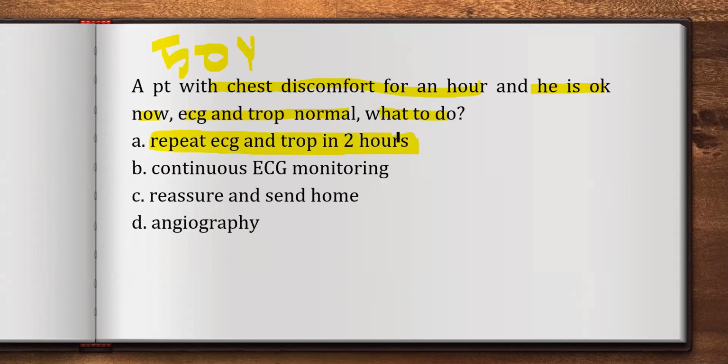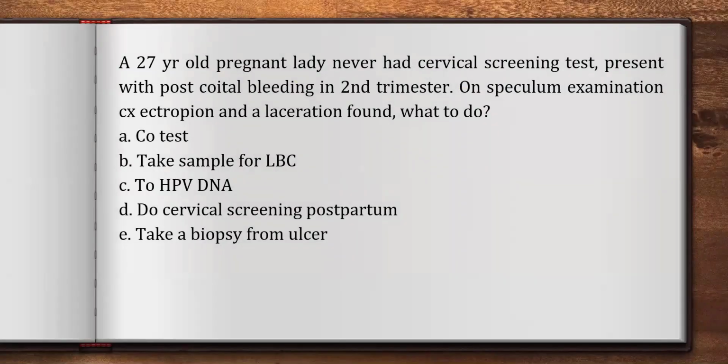Every patient, especially if it sounds like cardiac chest pain, and if the age is 50 years, 60 years, even 40 years, we should always repeat it. We'll continuously repeat it.